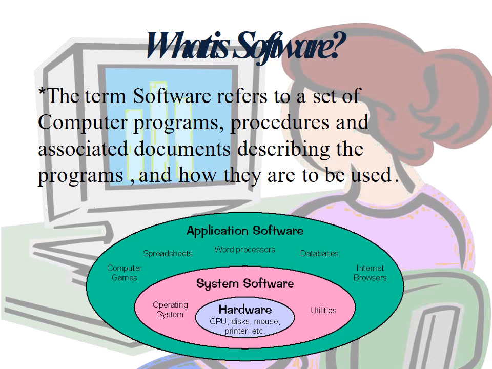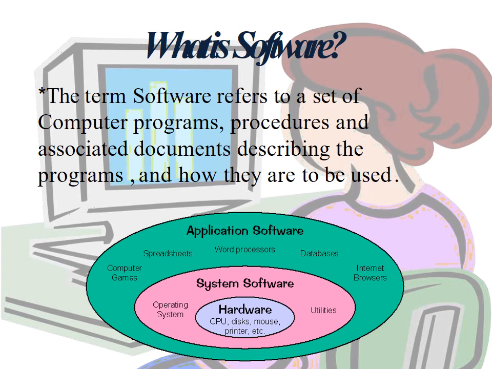Computer software refers to a set or a collection of programs that runs computer hardware to perform any task. You can also define it as a set of computer programs, procedures, meaning process, and associated or related documents describing the programs and how they are to be used.